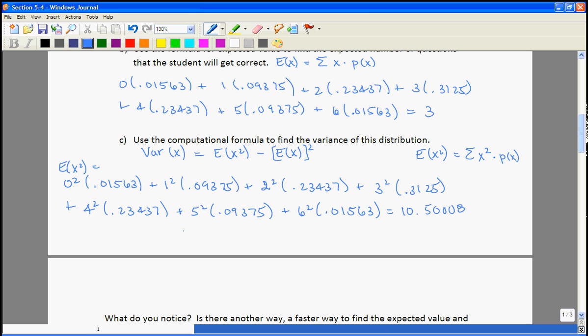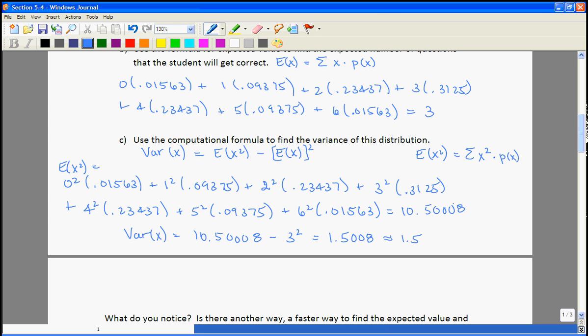So for the variance, we'll take 10.50008 minus 3 squared, and that gives us 1.50008, which you could probably just round to 1.5.